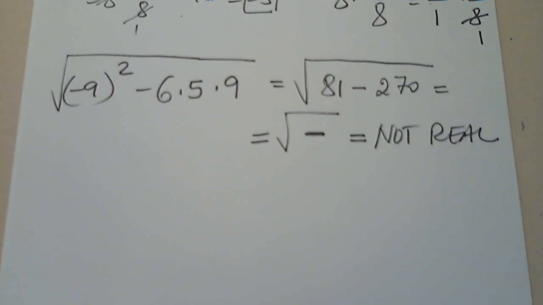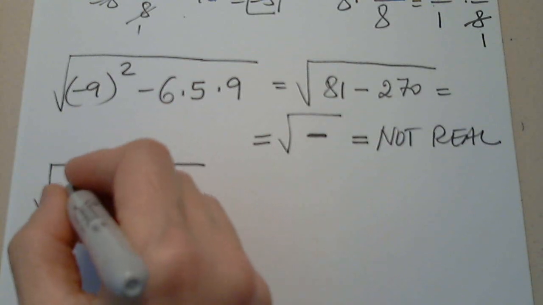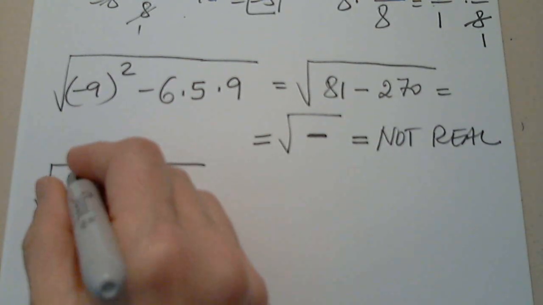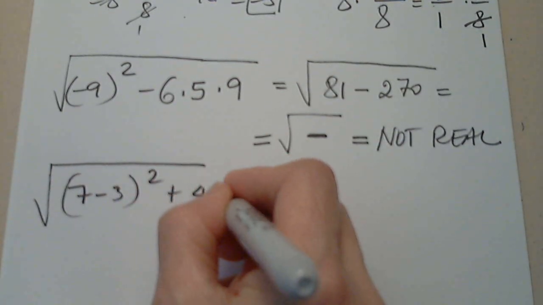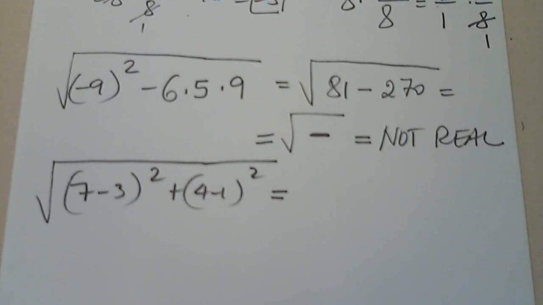Okay. The next one. The square root of 7 minus 3, everything squared, plus 4 minus 1, everything squared. What is the first step? Simplifying the parentheses?